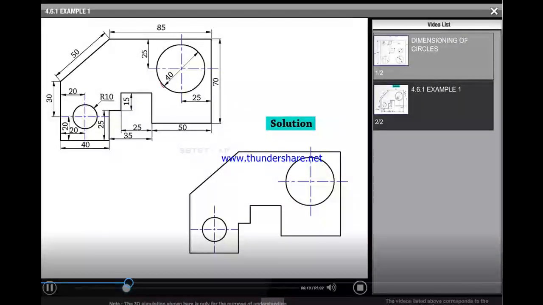The view is to be neatly redrawn, and all the dimensions are to be neatly represented as per the norm. The dimensions are to be represented outside the view. Clear distance will be provided between the outline and dimension line. The dimensions are to be neatly represented appropriately.